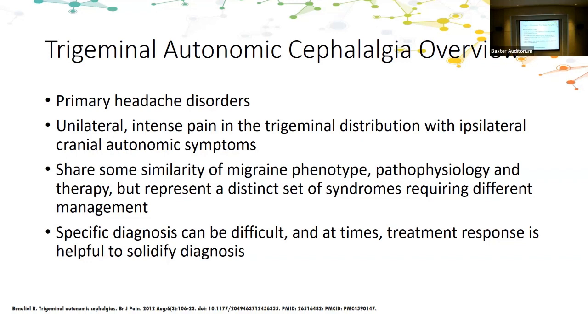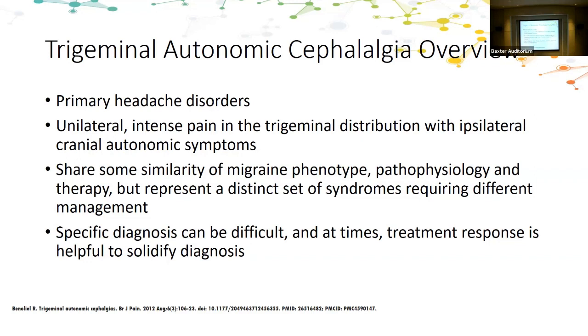They may share some similarity with the migraine phenotype and even the migraine pathophysiology and some of their therapies used for migraine, but they do represent a distinct set of syndromes and conditions requiring different management at times.